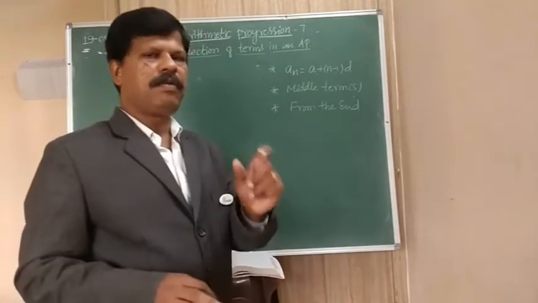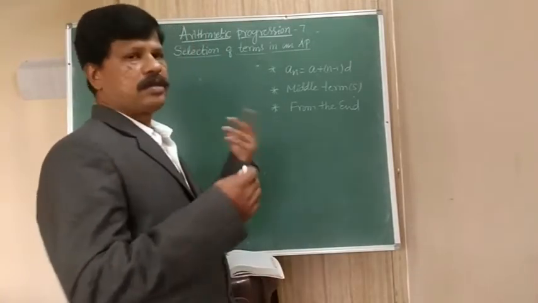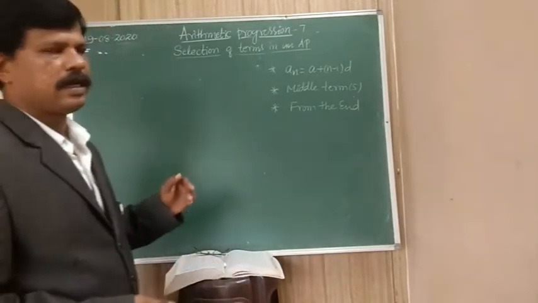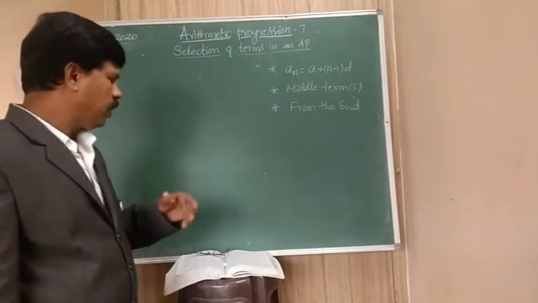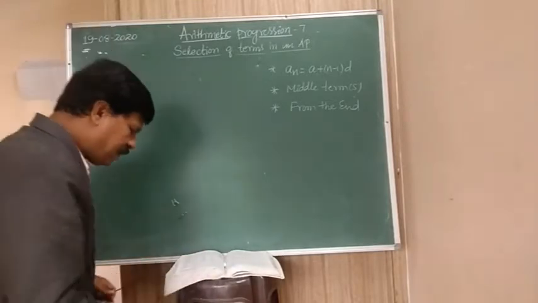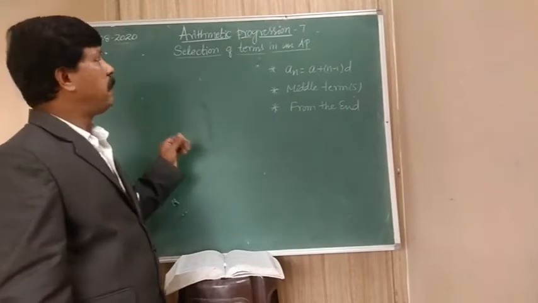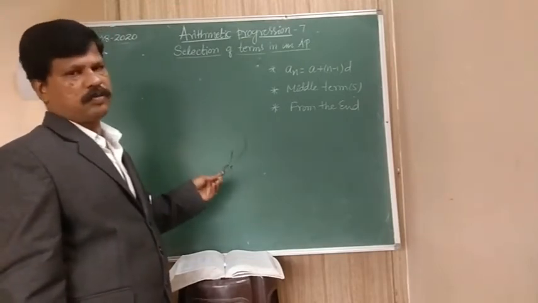If it is a simple one with fewer numbers, you can use that, but with more numbers it is difficult and takes too much time to solve. For that, we usually use the convenient method, the convenient way of finding the number of terms.